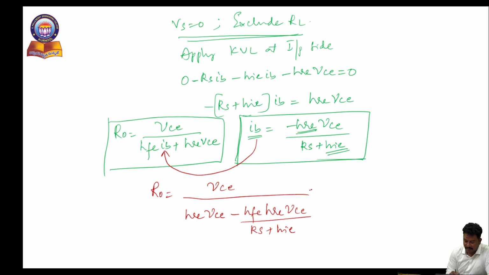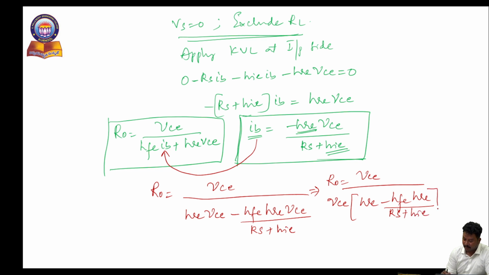From this we will have a little more simplification. In the numerator I take V_CE as common, and in the denominator also I take V_CE as common. Then h_re minus h_fe h_re by R_S plus h_ie, so that these two cancel.